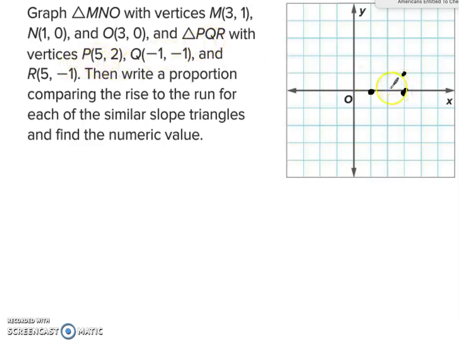So P is 5, 2. Negative 1, and maybe I'll change this color actually. Negative 1, negative 1, and 5, negative 1.